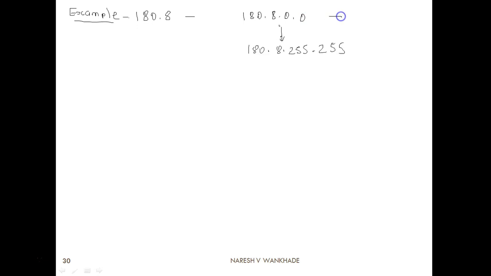What is the first value of block? 180.8.0.0 is the first value of block, and 180.8.255.255 is the last value of block. Means this complete is one block having network ID 180.8. Okay, means these 2 bytes are there for network ID, and these remaining 2 bytes are there for host ID. This 180.8 is common in all addresses.